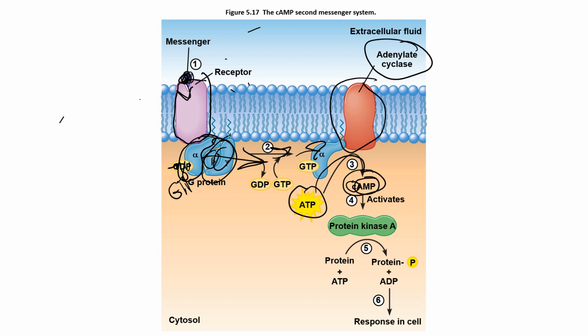The remaining phosphate gets bound to the sugar within adenosine monophosphate, and thus its molecular shape is more cyclical, and that's where the term comes from. So adenylate cyclase's job is to turn ATP into cyclic AMP, and that's exactly what it does when it's activated by the alpha subunit.